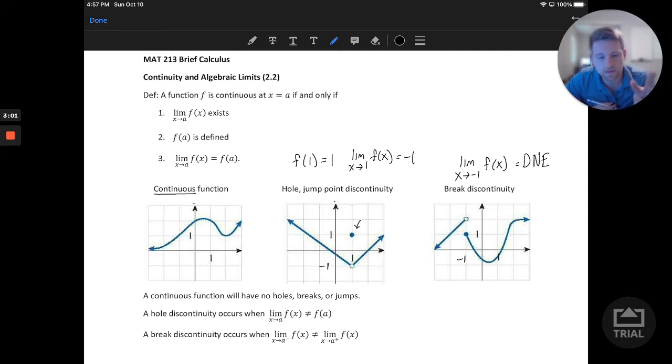So we see that these two discontinuous graphs, the second one in the middle and the third one on the right, actually violate one of these three principles. The middle graph violates the third principle, that the functional value at the point and the limit value have to be the same. That's not true in the middle picture. And then if I consider the third picture, the limit doesn't exist on that break discontinuity graph.